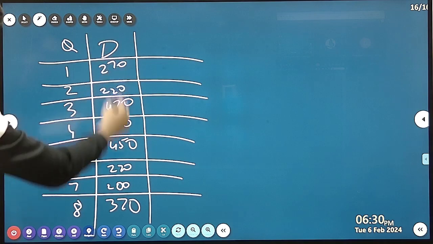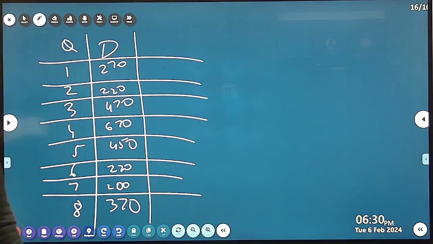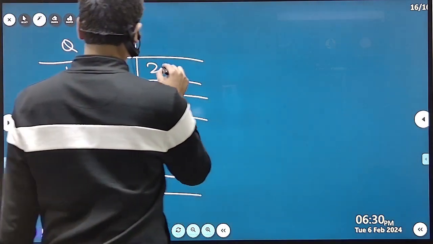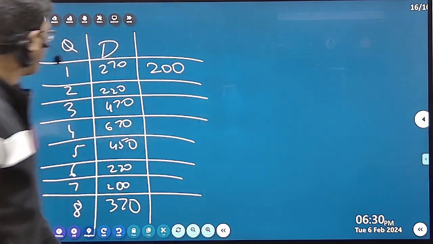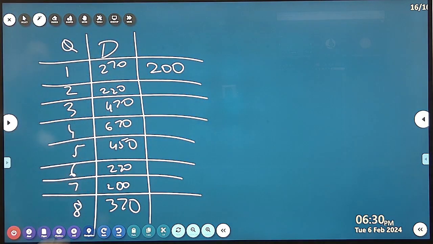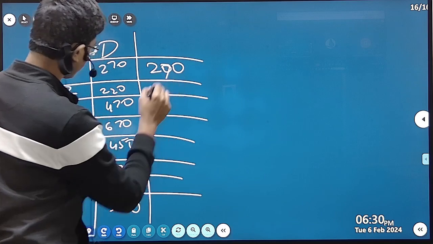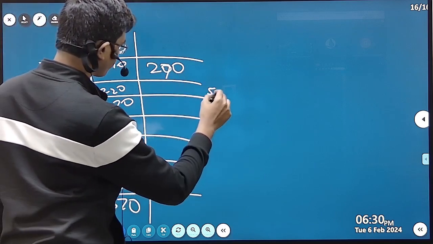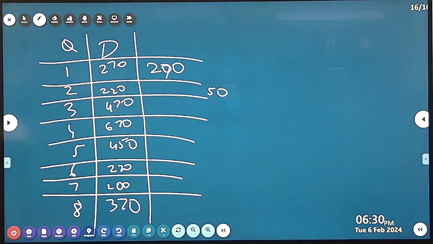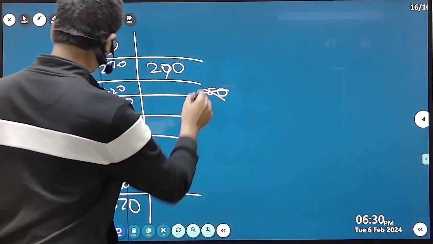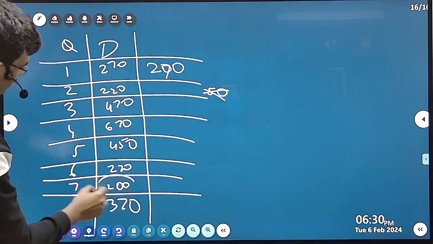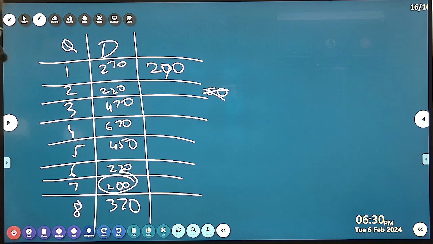If you see, the least is 200. So I have to produce 200. Otherwise, suppose if I produce 270, I will have 50 units left over, which is again in my inventory, so I cannot do that. So I have to produce whatever is my least. So my production is 200 units.